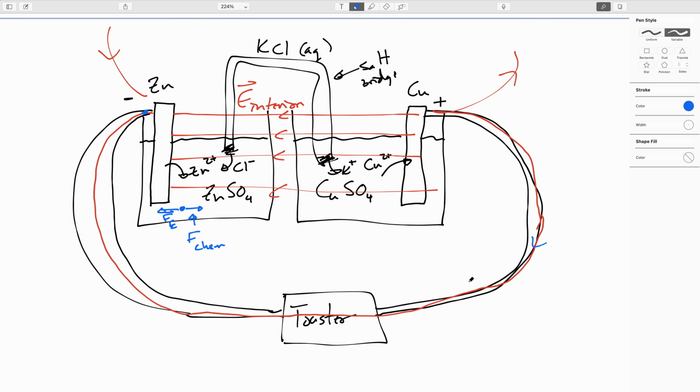Let's make the electric field vector red and run like that. So now we've got an electric field, the fringe field, let's label that, pointing to the right just immediately off of this plate here.